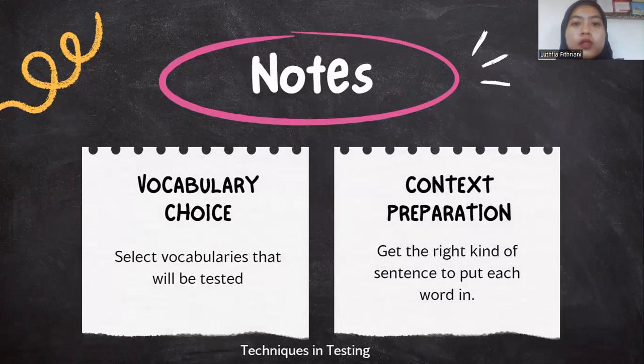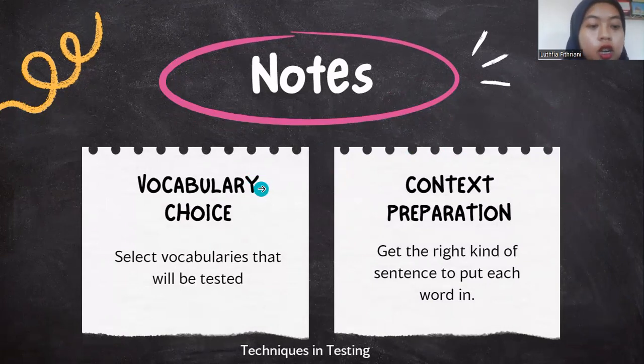There are some notes that the teachers should consider in preparing vocab tests. In creating multiple choice completion, multiple choice paraphrase, and simple completion, the teacher should consider some things. The first is vocabulary choice.